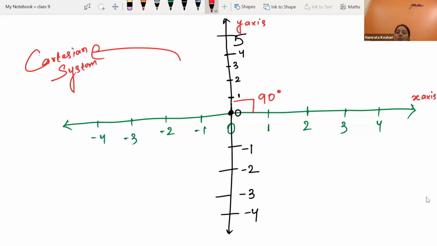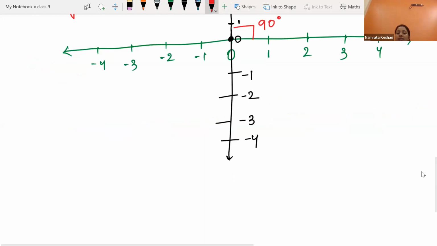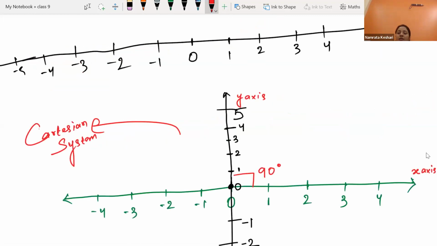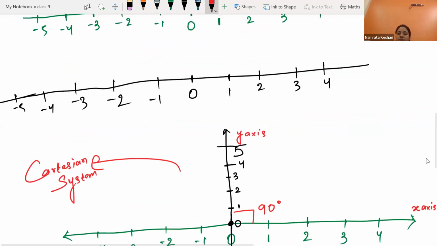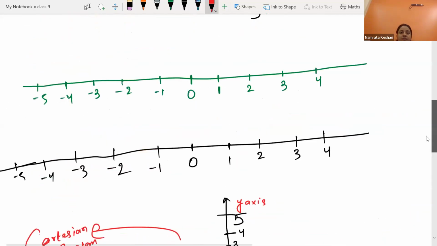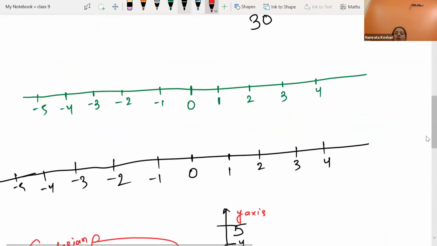Now let's get back to our number line. On the number line, if I ask where is 0.5, you will say this is the location of 0.5, right?